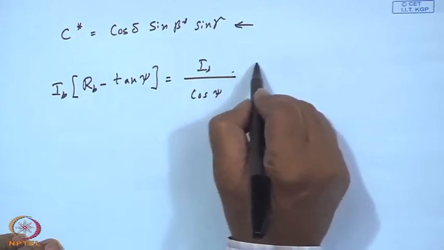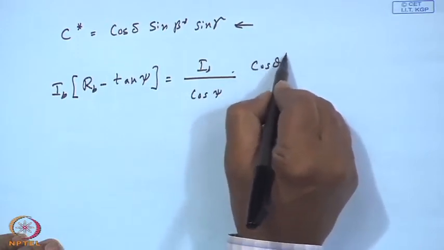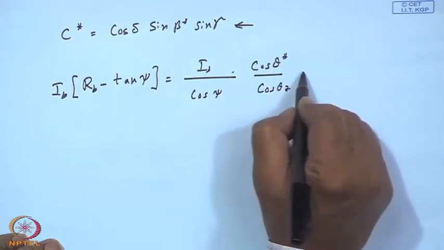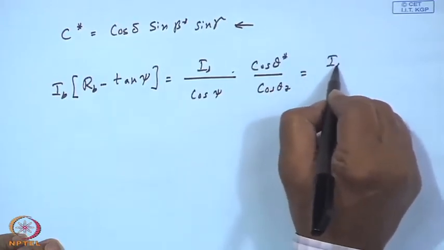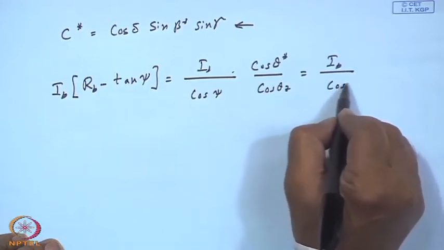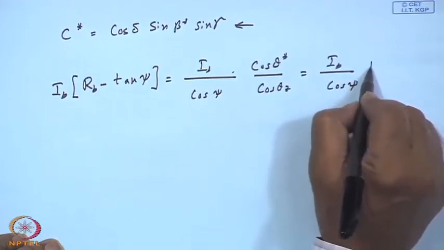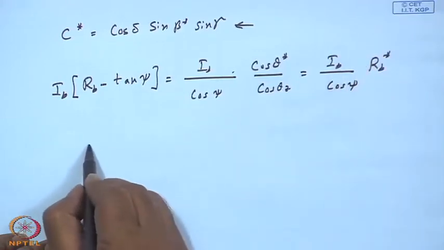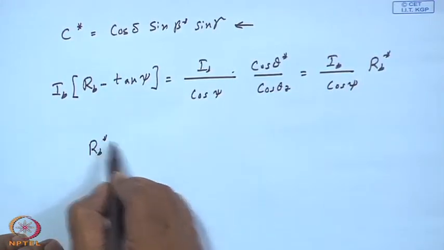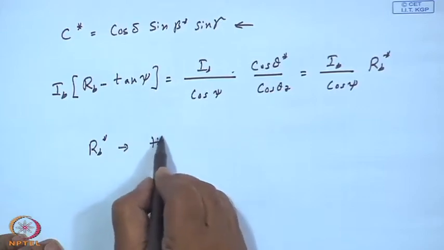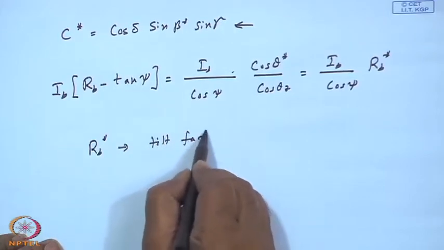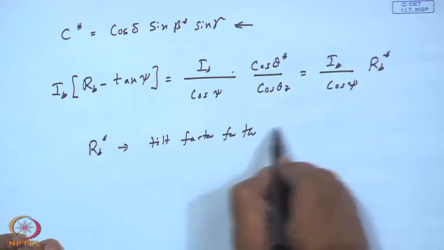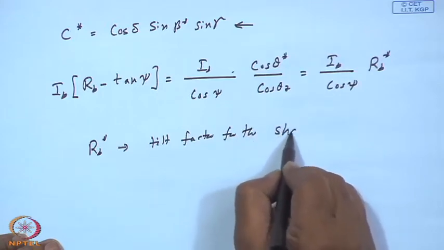Cos psi is that angle, you remember that, cos theta star by cos theta_z, which will be equal to I_B by cos psi times R_B star. So, this R_B star is the tilt factor for what we call the shading plane.